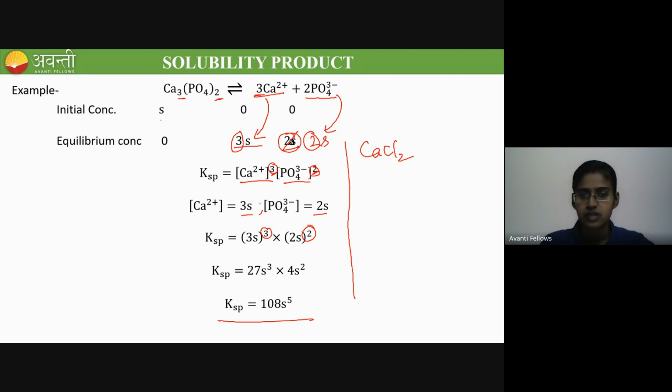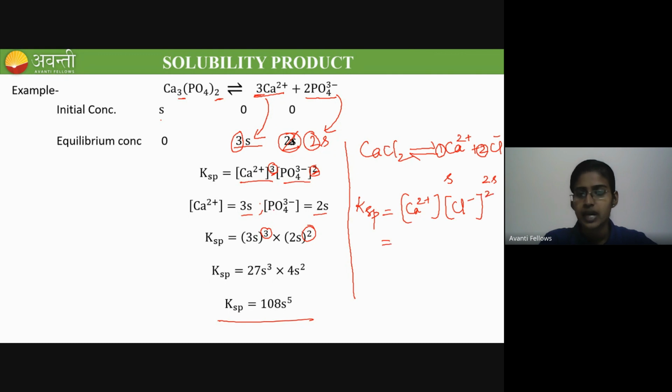Now, if we dissociate this, we will get 1 calcium 2+ and 2 Cl- ions, right? Here you see we are having only 1 calcium 2+ and 2 Cl-. So it is S and 2S. If I have to write the KSP, what will I get? Calcium 2+ concentration into Cl- concentration power 2.